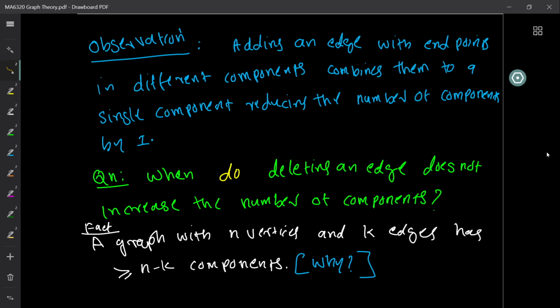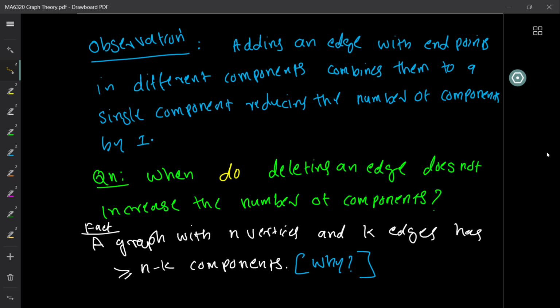And if you put this new edge into this graph, then these two components join together to become a single component. And why does this become merged into a single component? Because of the transitivity of the reachability relation, right? So if I pick any two vertices in these two components and connect them, then because of the transitivity of the reachability relation, these two components become a single component.